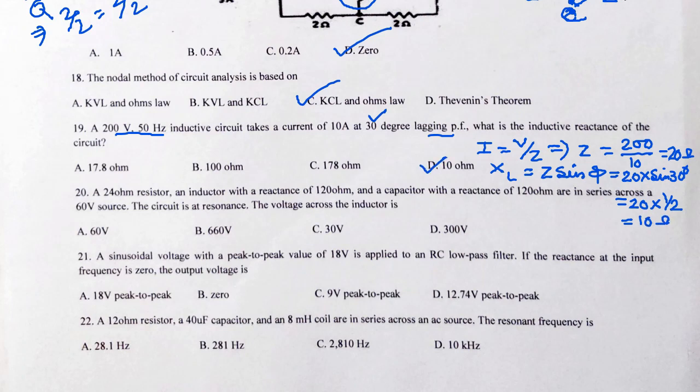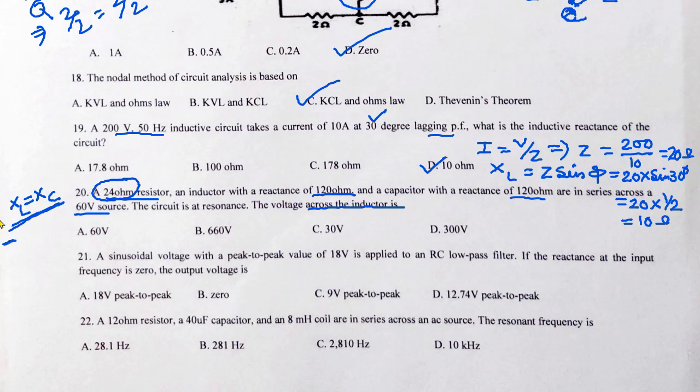Now question number 20. A 24 ohm resistor, an inductor with a reactance of 120 ohm and a capacitor with a reactance of 120 ohm are in series across a 6 volt source. The circuit is at resonance, find the voltage across the inductor. As the circuit is at resonance, that means the inductive reactance XL equals the capacitive reactance XC. So this basically neutralizes each other and the circuit is purely resistive. That is, it is having the effect of only 24 ohm.